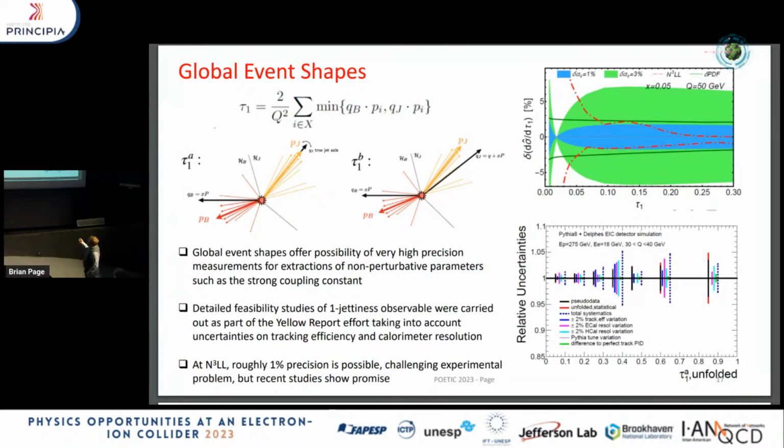From the theory point of view, you can constrain these things down to roughly the 1% level, and we should, with some work, be able to get to that level experimentally as well, to access things like the strong coupling constant.